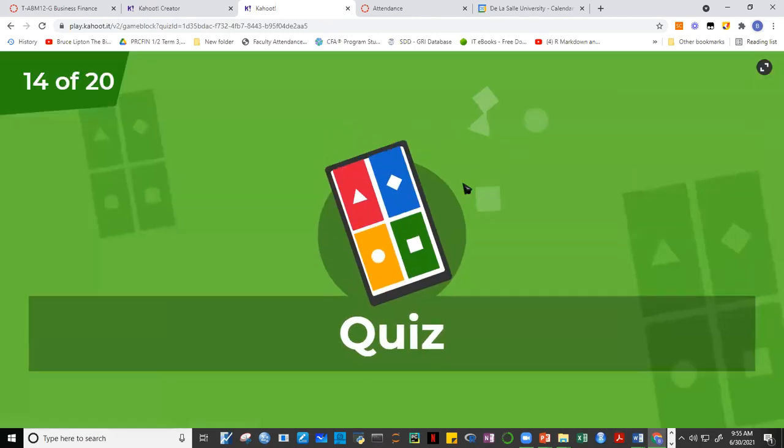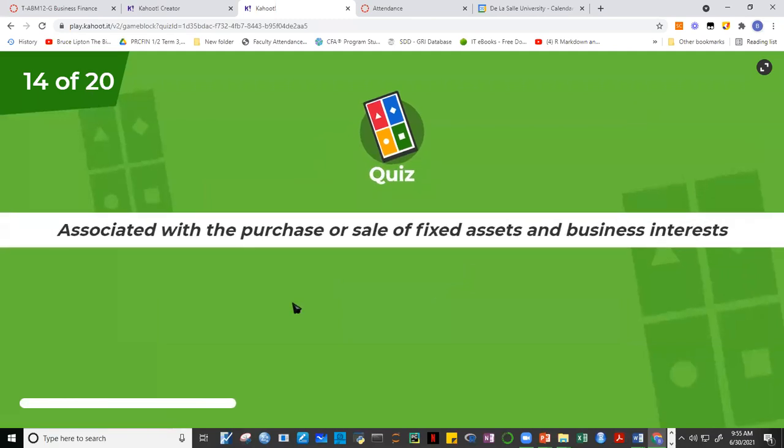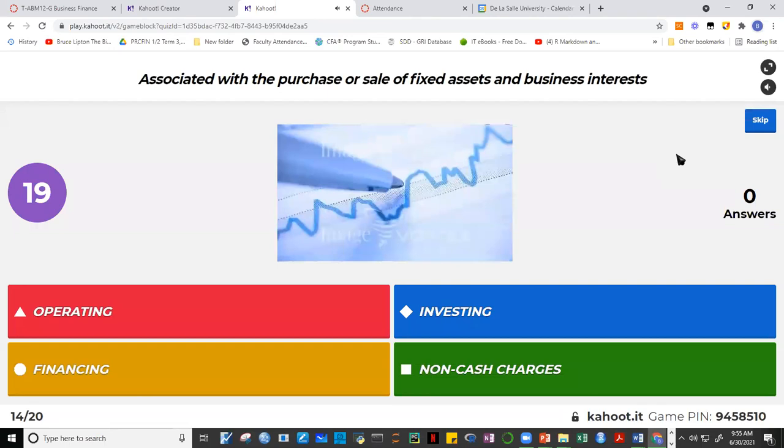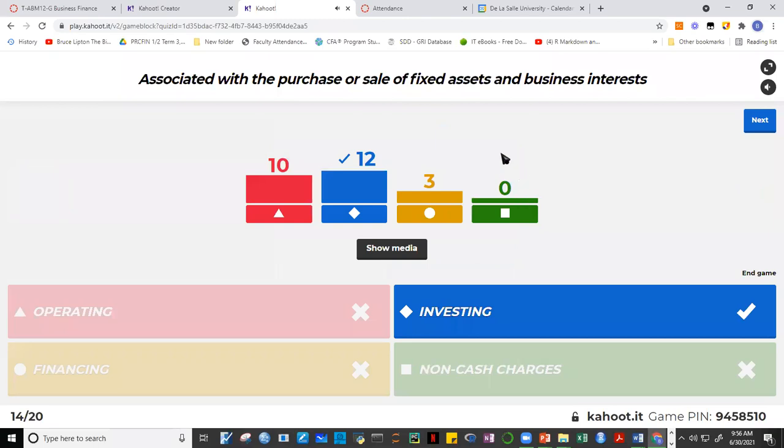Next question, question number 14, 7 more. Associated with the purchase or sale of fixed asset and business interest. Fixed asset daw, so ano yan? Okay.